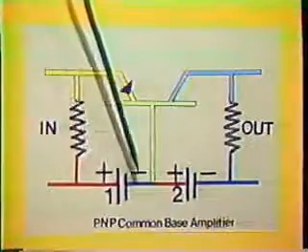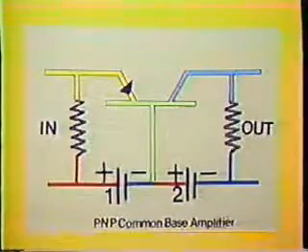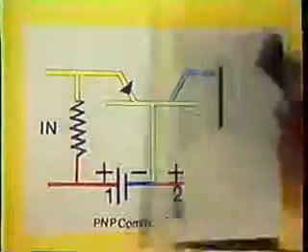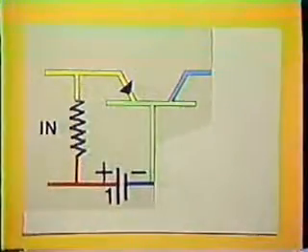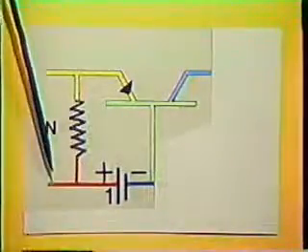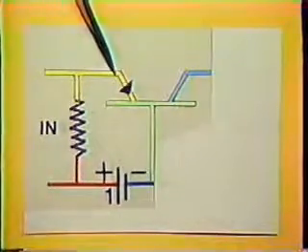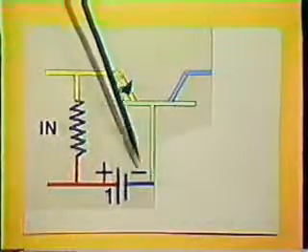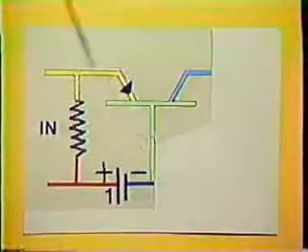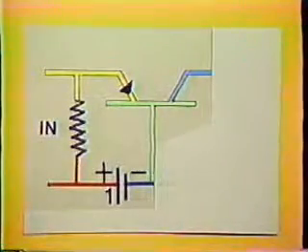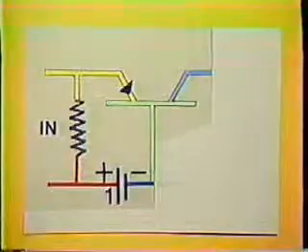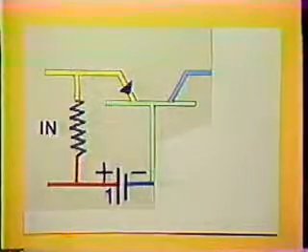For a common base amplifier, we will use two batteries to provide the proper bias. For a PNP transistor, they will be connected like this, with the positive terminal of battery 1 connected to the emitter, which is P-type material, and the negative terminal connected to the base, which is N-type material.